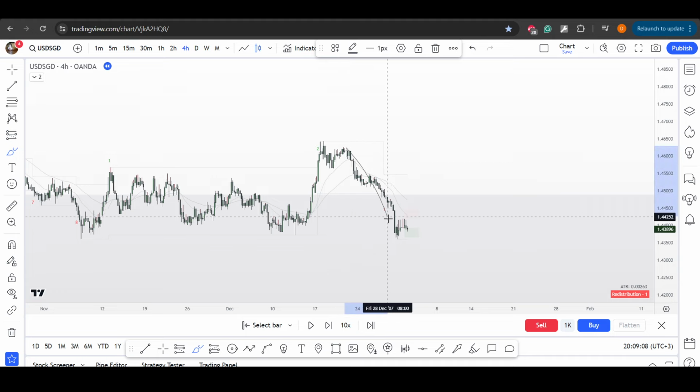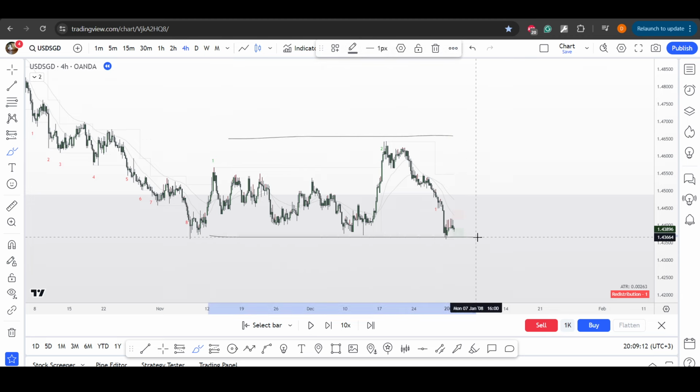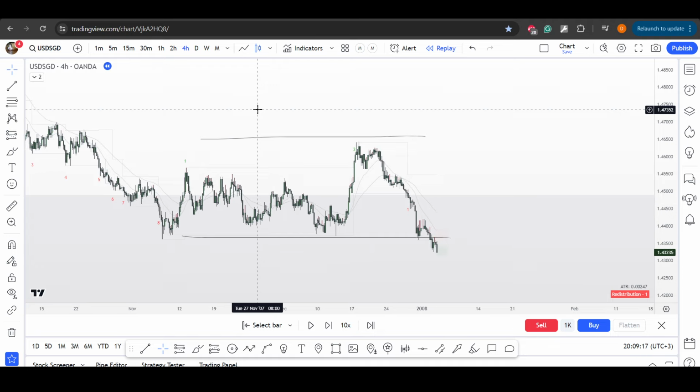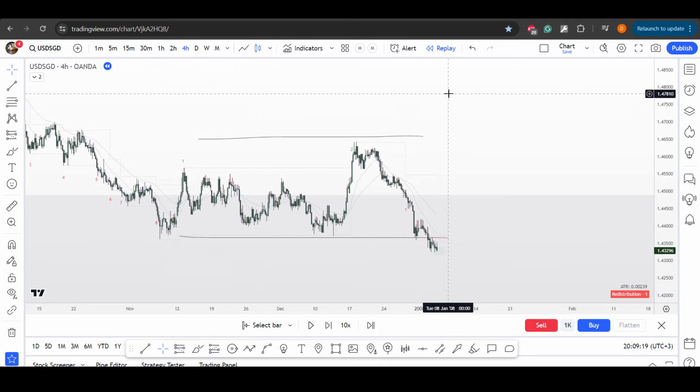At this exact point we are extended in the leg itself, and we are in this range. So I definitely expect these highs to be liquidated.